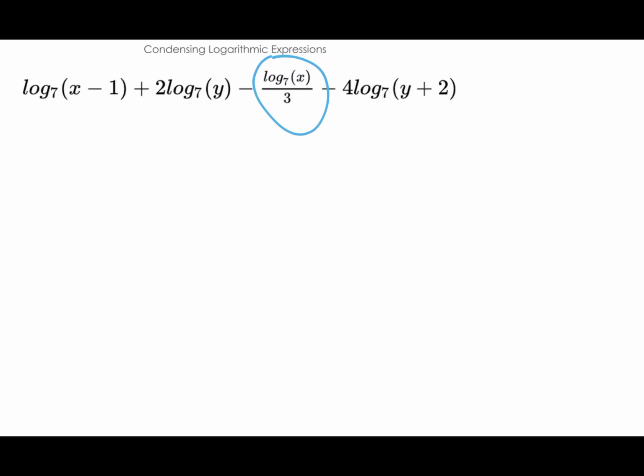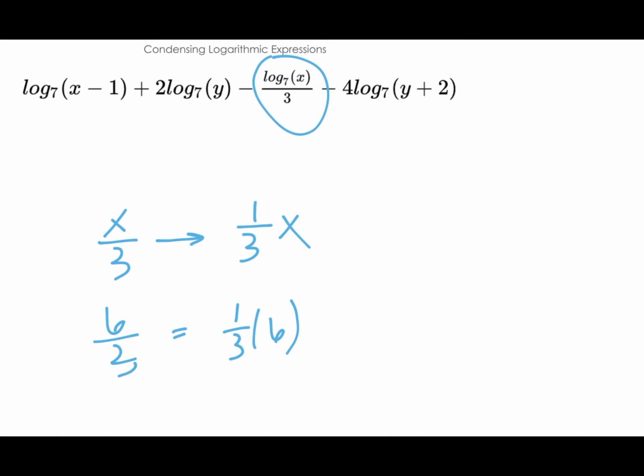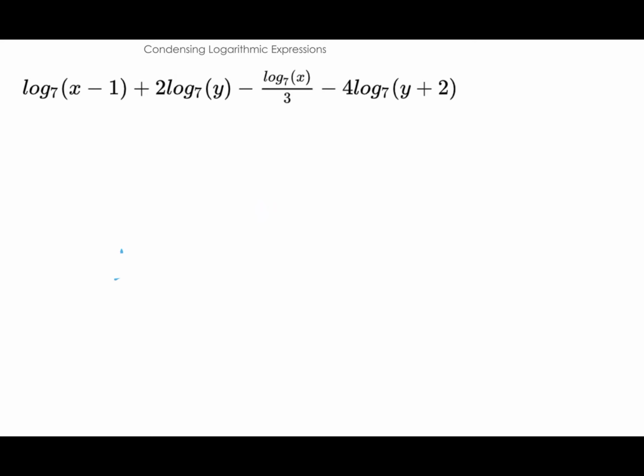So think about this. x divided by 3 is the same thing as 1/3 times x, right? 6 divided by 3 is the same thing as 1/3 times 6, right? So I'm going to rewrite that term as 1/3 times log base 7 of x. So minus 1/3 log base 7 of x.